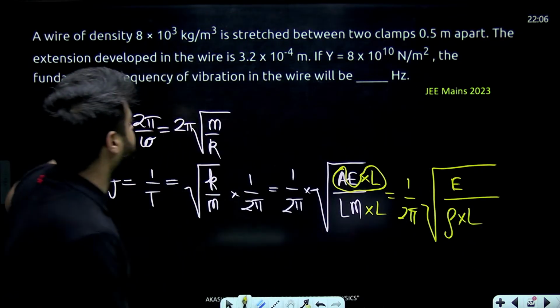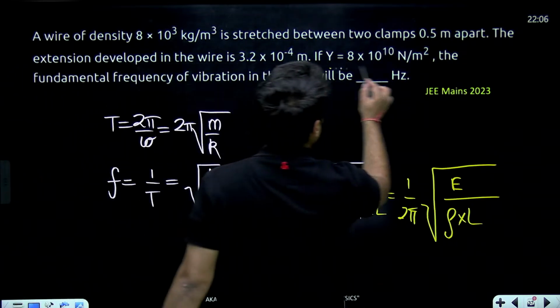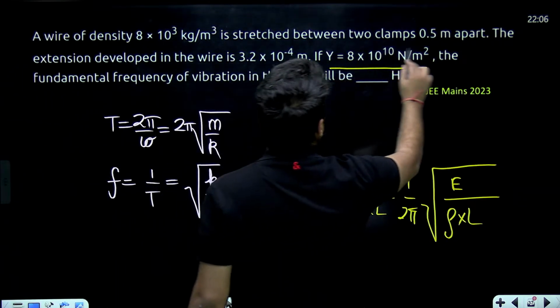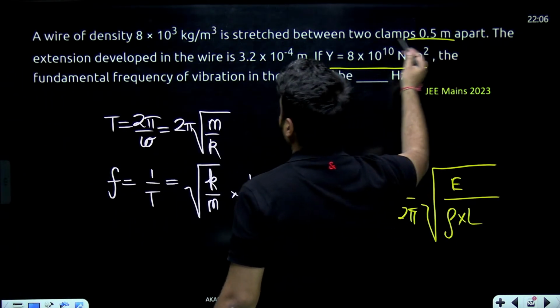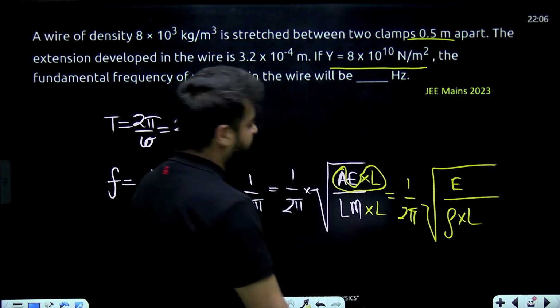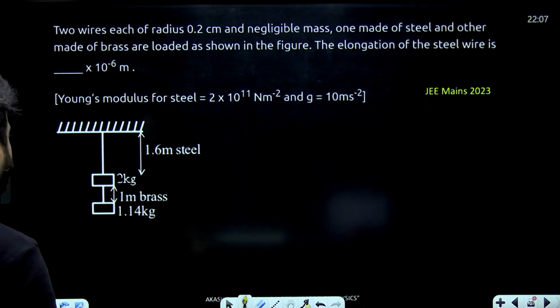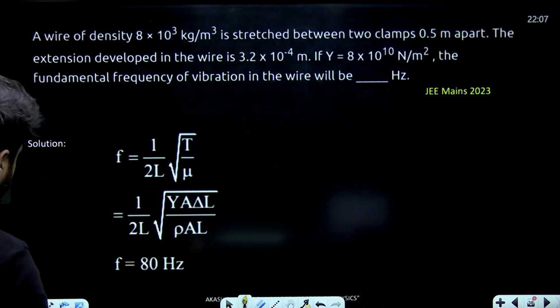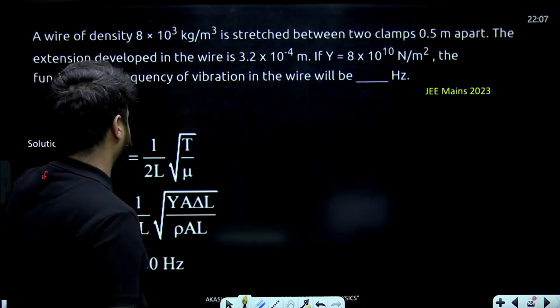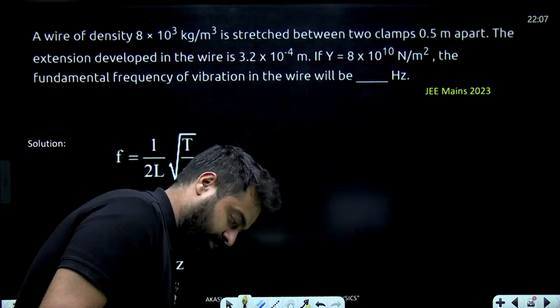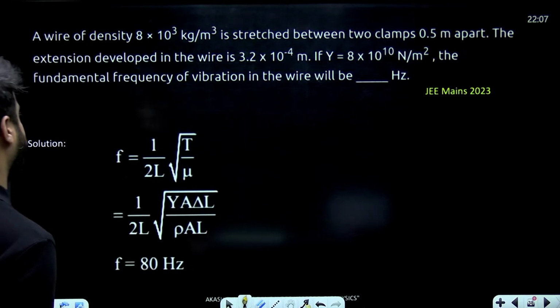Okay, now I need Young modulus, which is given to you. I need length. Length is given to you. Extension is also given, but not needed. Okay, directly you can solve the problem. Directly put the value and you will get the answer. Very simple. Frequency is 1 by 2 pi into under root k by m.